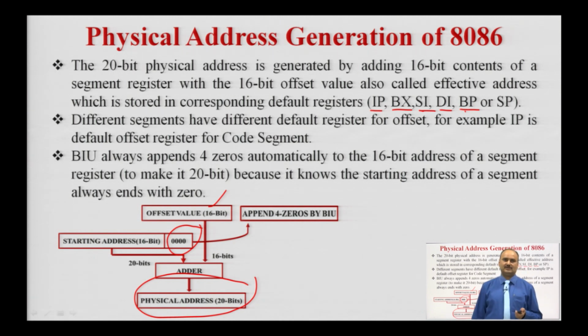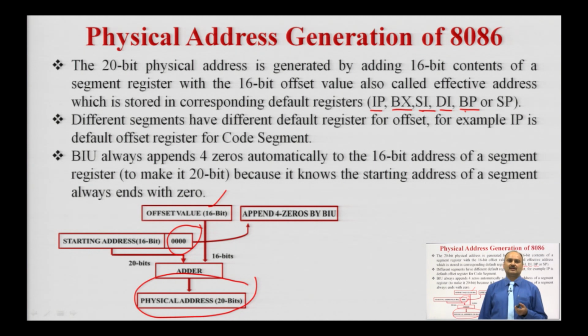This is the procedure to generate the 20-bit physical address for the code segment area, data segment area, stack segment area, or the extra segment area of the memory. Remember that the offset address is always present in the instruction pointer register or the BX register, which is the only general purpose register that will hold the offset address, along with the source index register, destination index register, base pointer register, and stack pointer register.